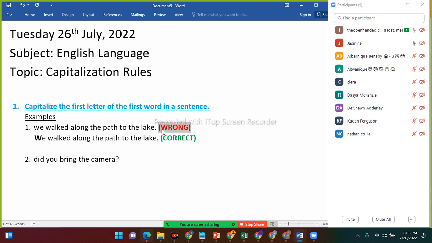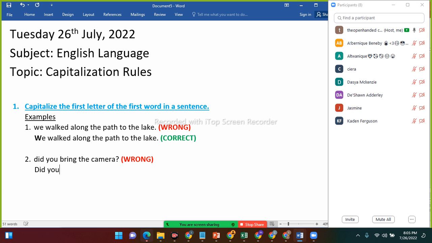The D in did. Very good. So it's going to be D, I, D. So: did you bring your camera? And so that is going to be the correct way.